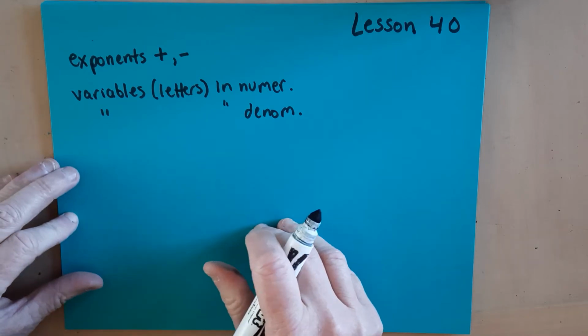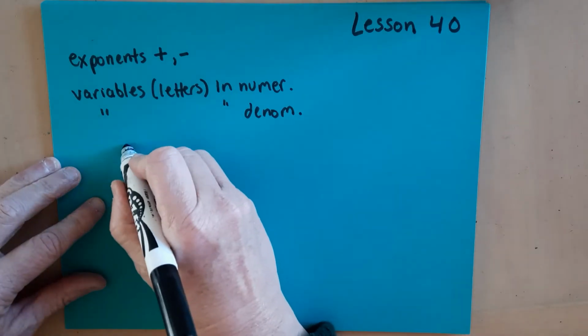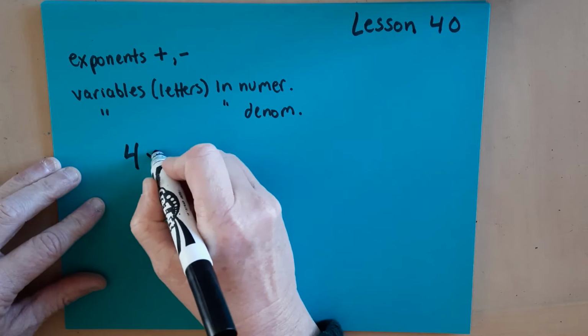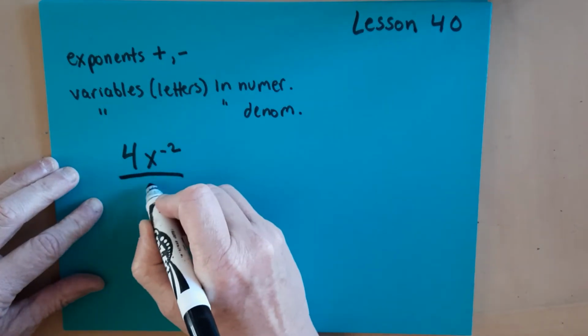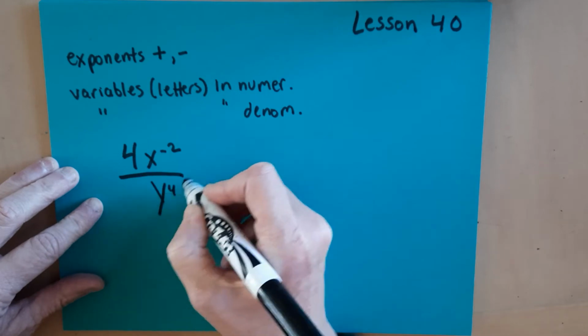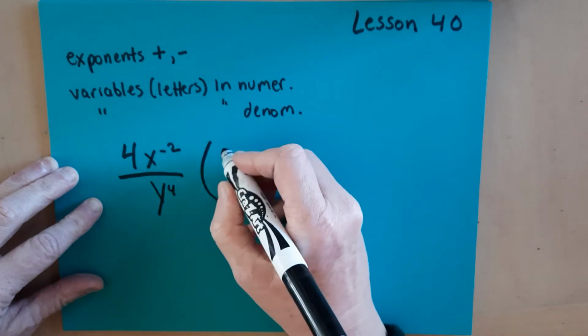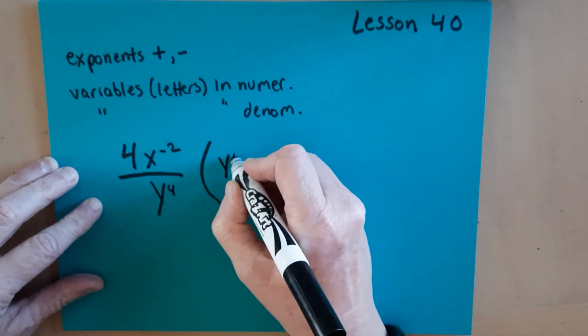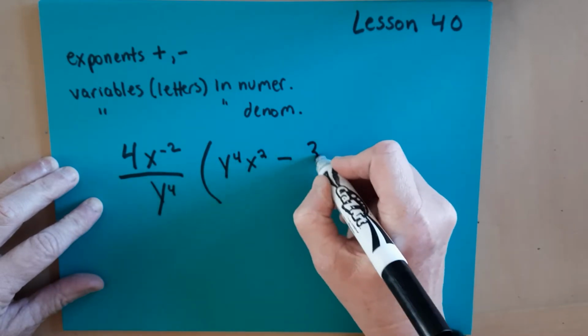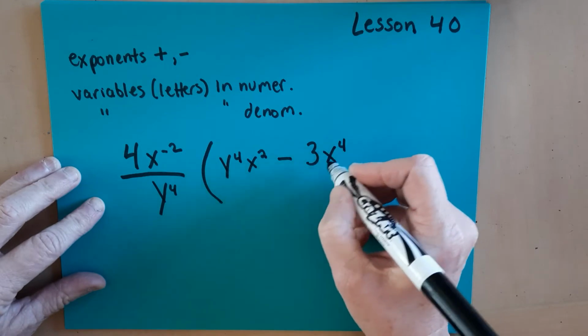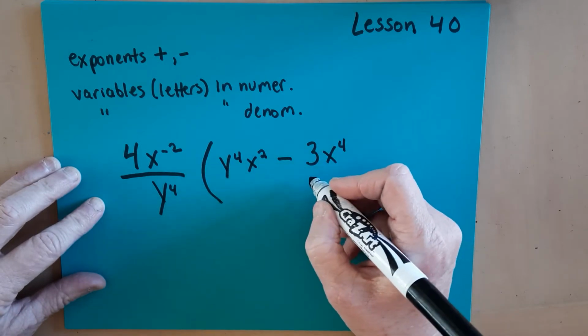For example, we're going to use the distributive property to expand 4x to the negative 2 over y to the 4th. We're going to distribute, or multiply, that by y to the 4th x squared minus 3x to the 4th y to the negative 2nd.